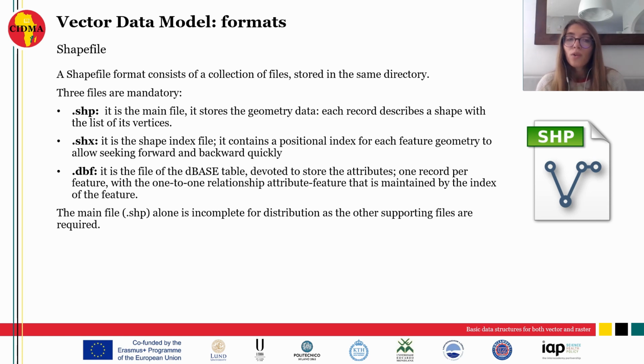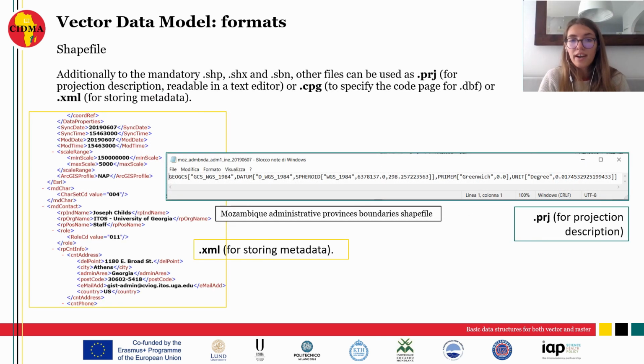Therefore, all these three files are needed, but there are also other files. These non-mandatory files can be, for example, the ones that I put here in this slide. For example, there could be the PRJ, the CPG, or XML files.